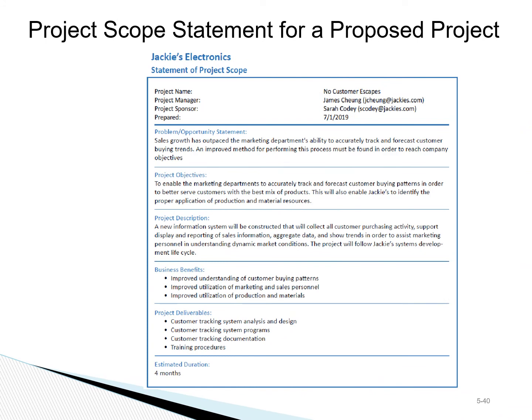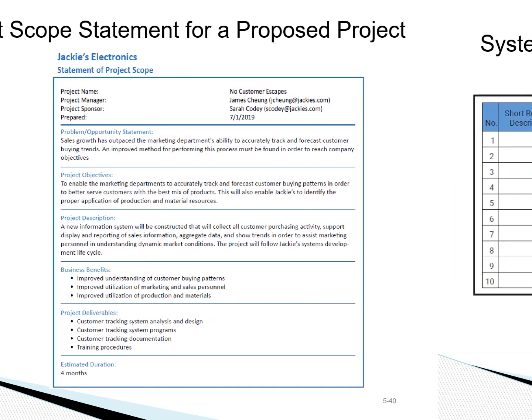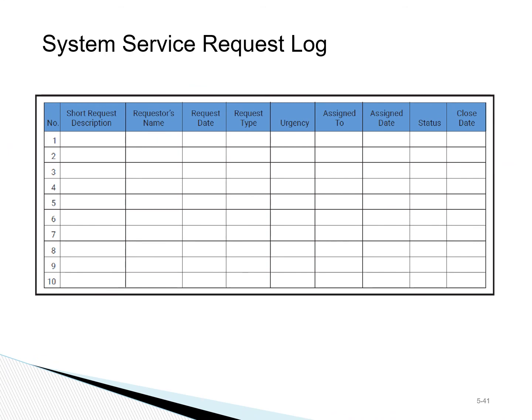One of the key deliverables from scope management activities is the development of the scope statement. This is a statement that outlines the problem or the opportunity that the project is addressing, its objectives, its descriptions, the benefits, as well as its deliverables. After the scope is finalized, all requested changes to scope need to be reviewed, assessed, and decided on.